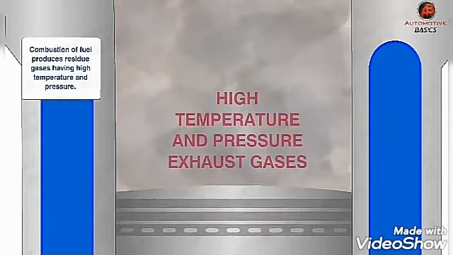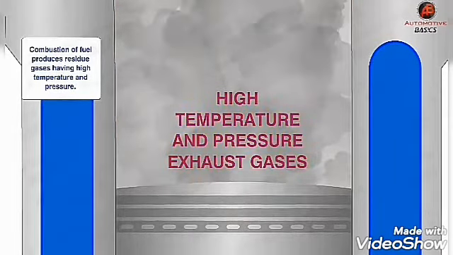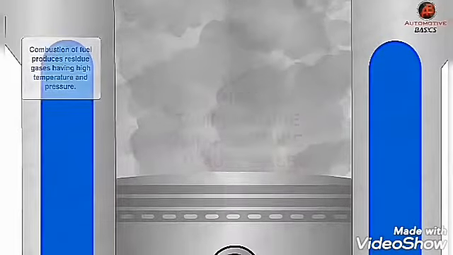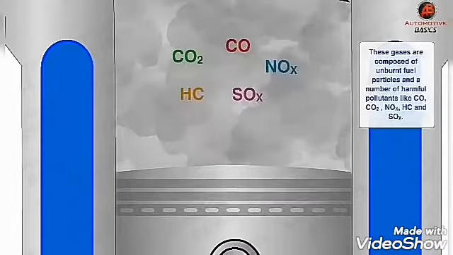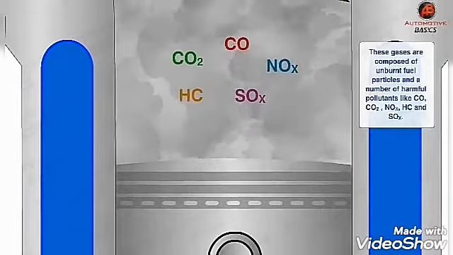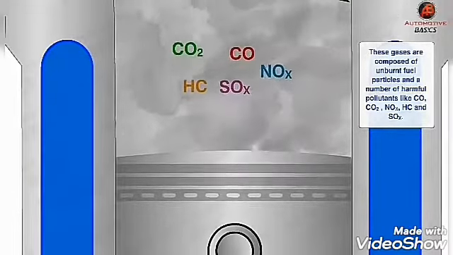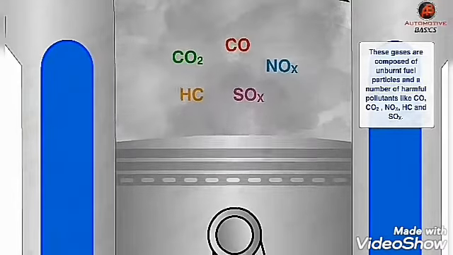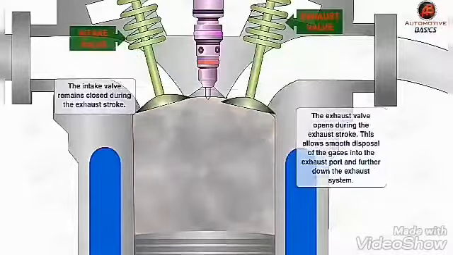After it reaches bottom dead center, all the temperatures and all the pressures are exhausted, and all the chemicals will be released: carbon monoxide, carbon dioxide, nitrogen oxide, and all the hydrocarbons, including sulfur dioxide.